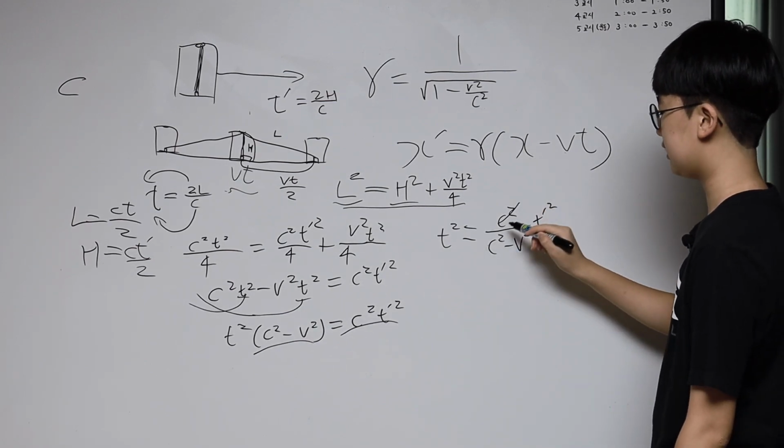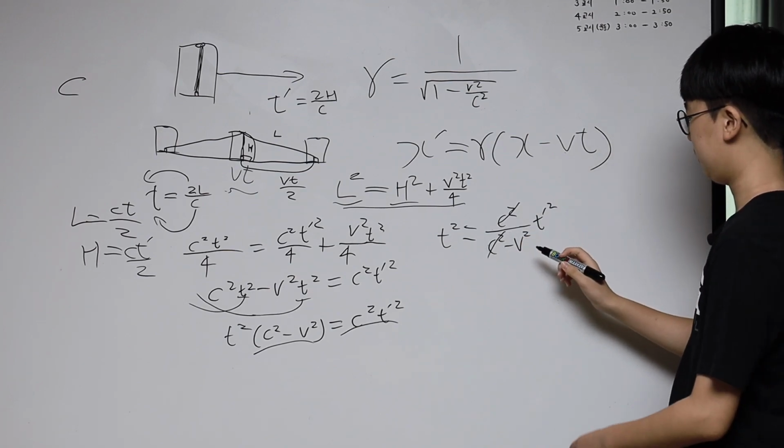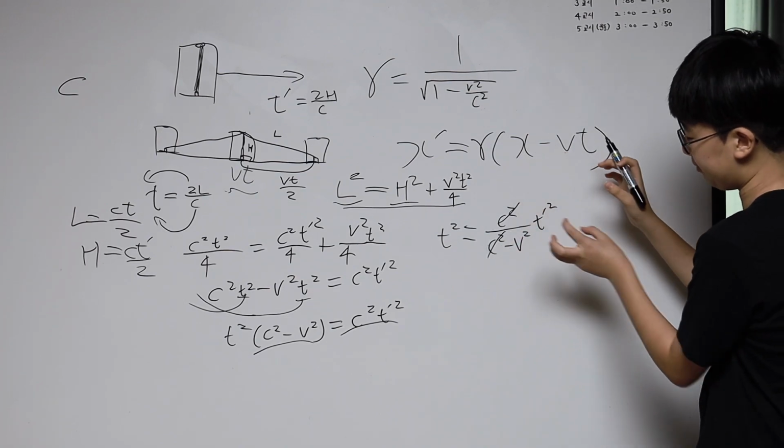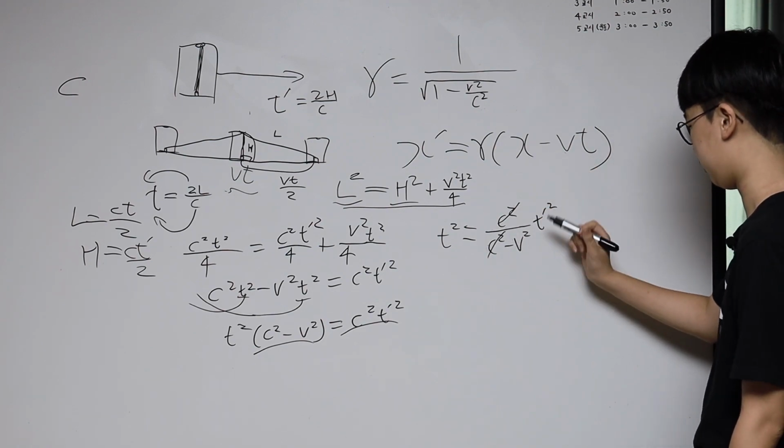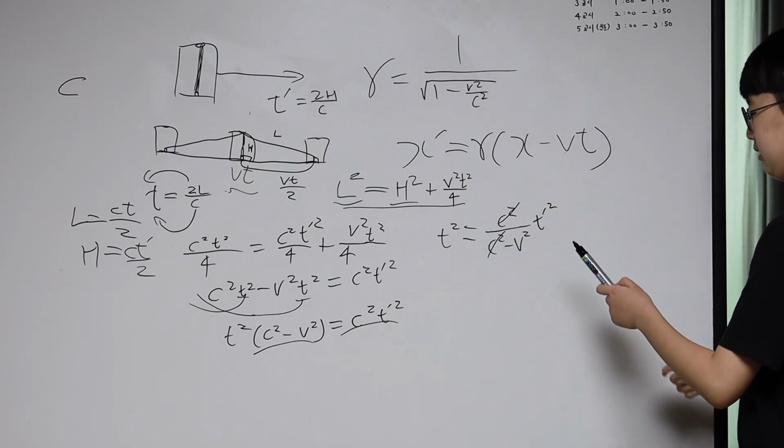We divide both the top and the bottom of c squared over c squared minus v squared by c squared.